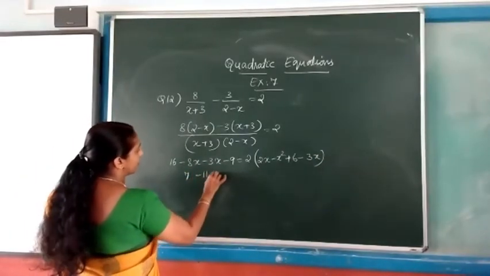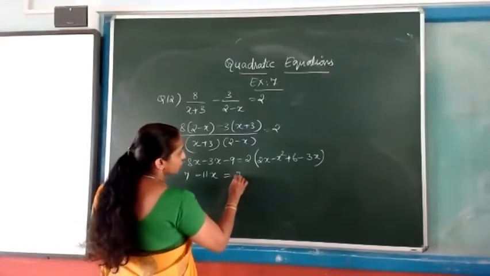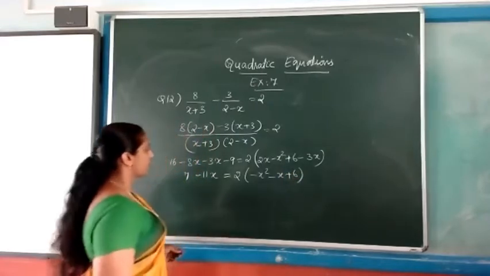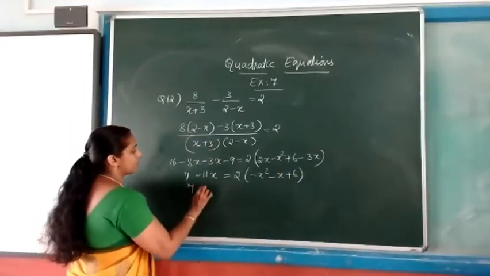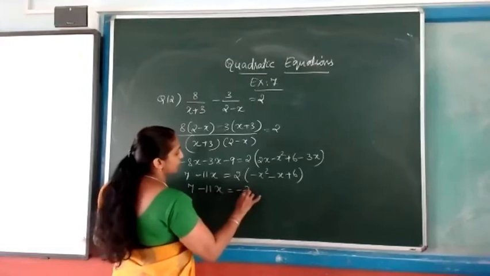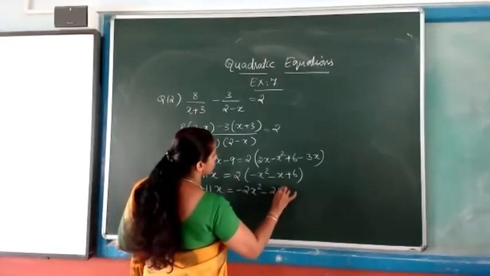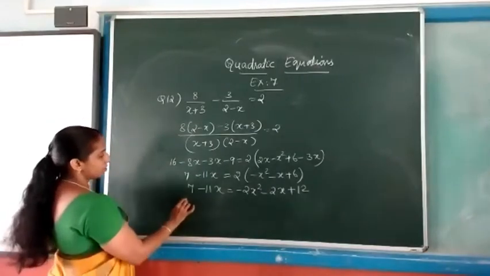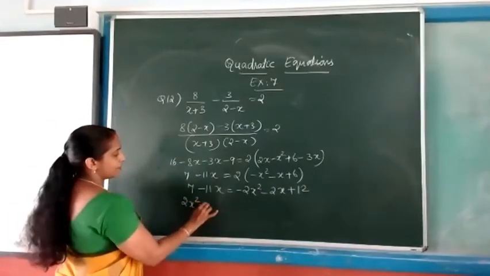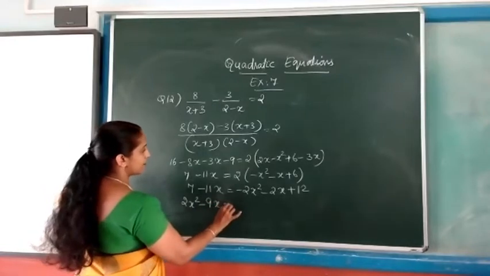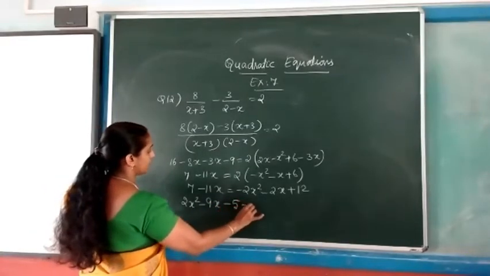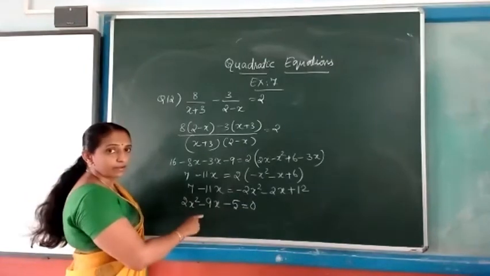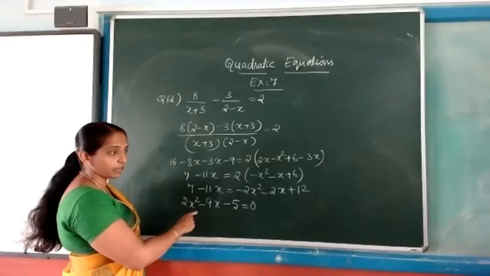So 7 minus 11x is equal to 2 into minus x square minus x plus 6. You are getting 7 minus 11x is equal to minus 2x square minus 2x plus 12. So finally, 2x square minus 9x minus 5 equal to 0. Okay, standard form of equation we got.